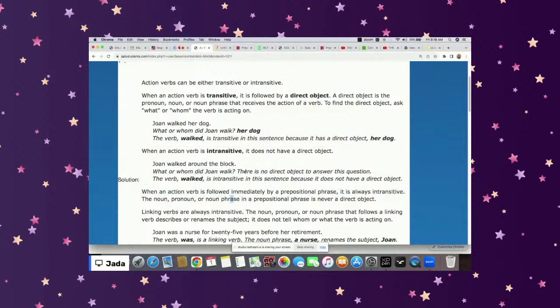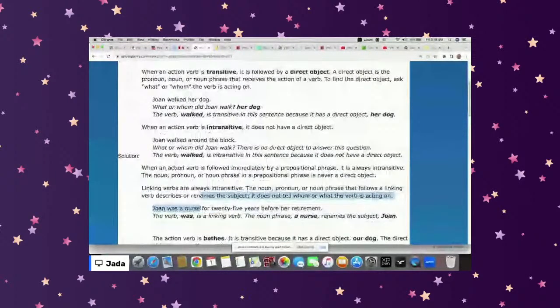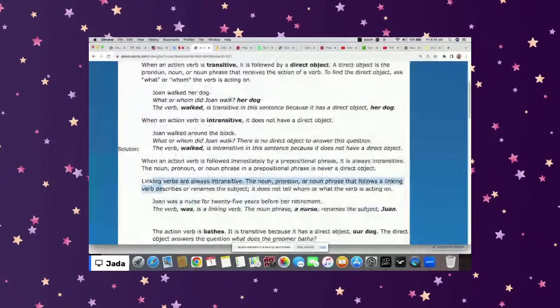So the noun, the pronoun, the noun phrase there is never a direct object. Okay, then we have linking verbs, which are always intransitive. The noun, pronoun, or noun phrase that follows a linking verb describes or renames the subject. So it's describing or renaming the subject. Okay, it doesn't tell whom or what the verb is acting on.